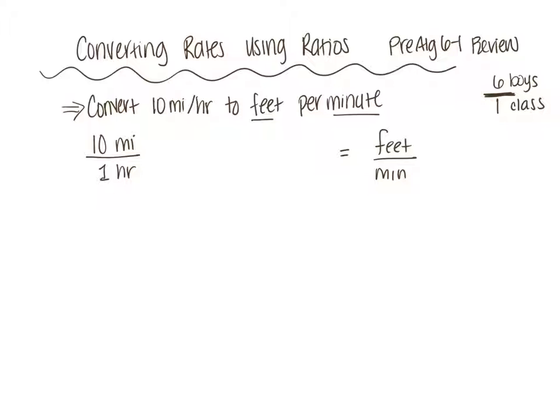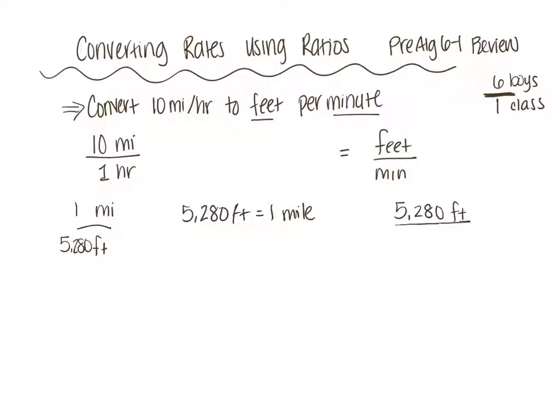So what do I know about miles and feet? Well, I know that 5,280 feet equals 1 mile. So I'm going to end up setting that up as a ratio. I could do 1 mile as 5,280 feet, or I could do 5,280 feet equals 1 mile.